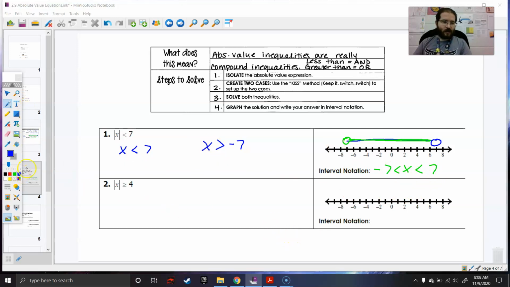All right, let's take a look at our next one. We have a greater than or equal to, so this is going to give us an or statement, so they're going to split. Our first case, x is greater than or equal to 4. Second case, x is less than or equal to negative 4. That's keep, switch, switch. Then we just graph. This is going to be a closed circle, so greater than.